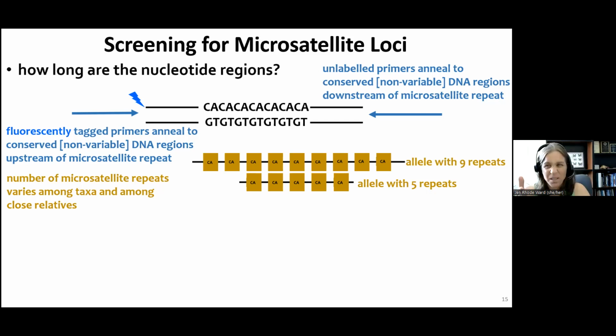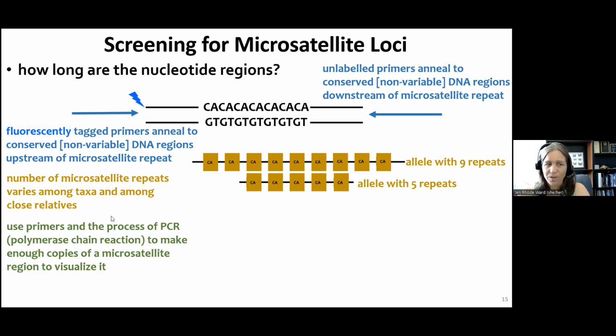The enzyme that copies the DNA doesn't do well on these repeated regions. It doesn't copy with fidelity on those regions. Okie dokie. So we use primers and the process of polymerase chain reaction to make enough copies to visualize it.